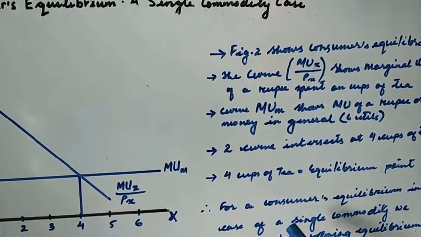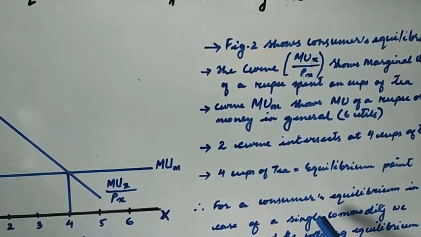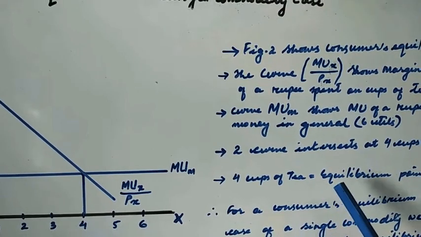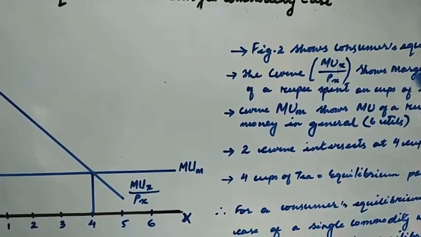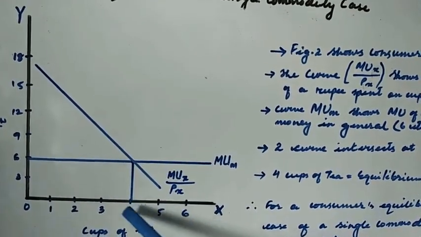From the above analysis, what we can understand is that a rational consumer who aims at maximizing his total utility will be in equilibrium by buying and consuming 4 cups of tea.